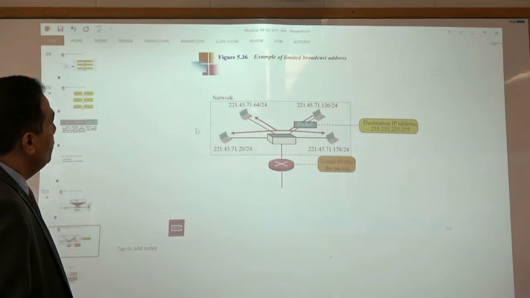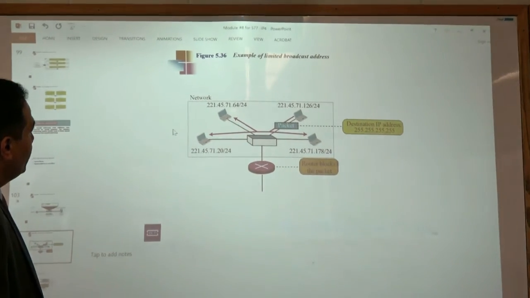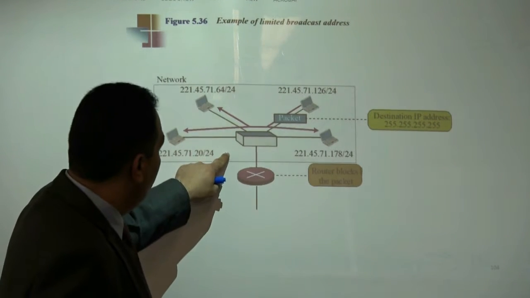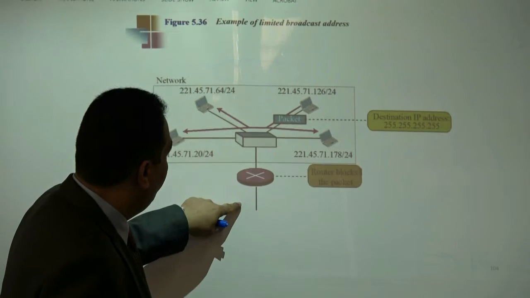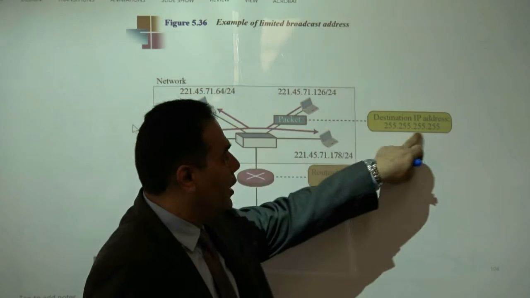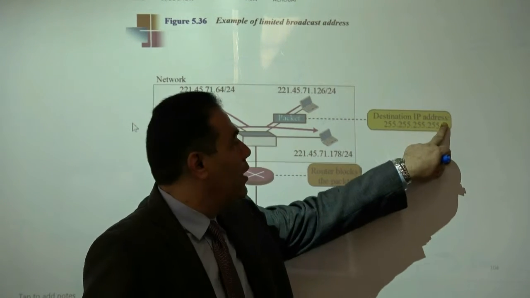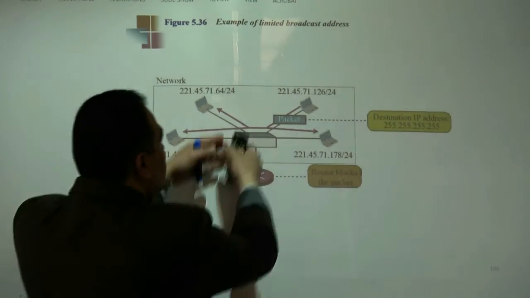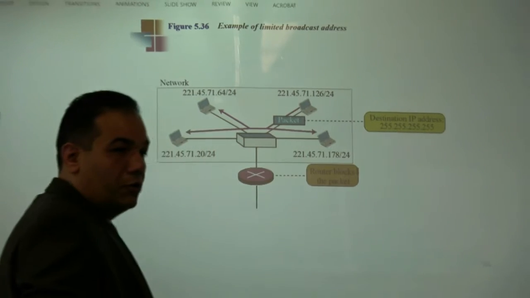There is also a limited broadcast address. So, for example, if you have destination IP address 255.255.255.255, that's a broadcast. Broadcast means the message will go to all the nodes in the network.